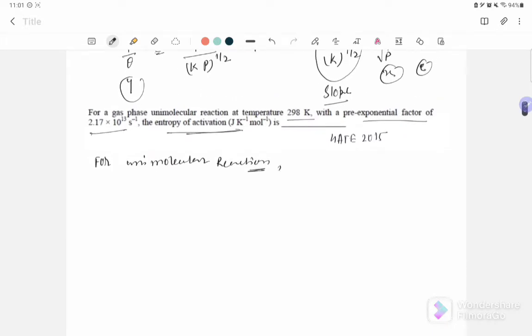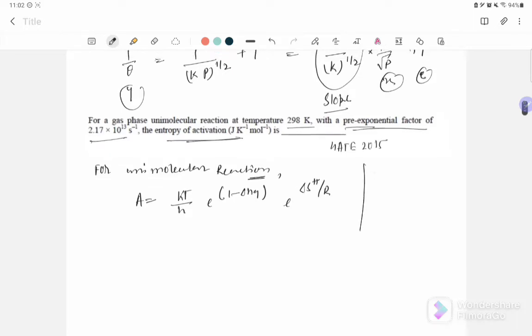according to the activated complex theory, will be A is equal to kT by h e to the power 1 minus Δng, e to the power ΔS by R. For a bimolecular reaction, the whole term will be the same, and there will be an extra term, c0 to the power 1 minus m.